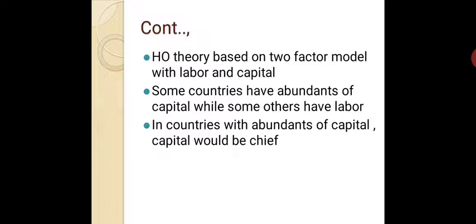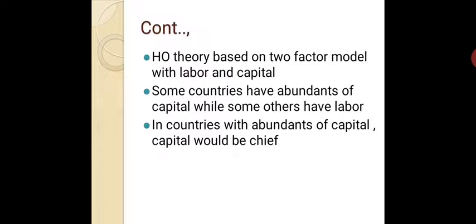The HO theory is based on a two-factor model with labor and capital. That means labor and capital are the two factors of the factor model. Some countries have abundance of capital and others have labor.